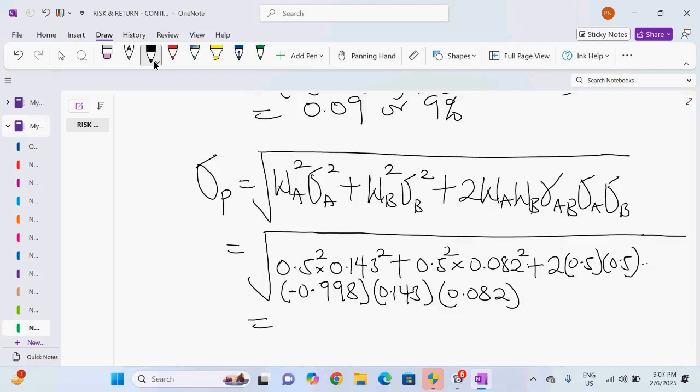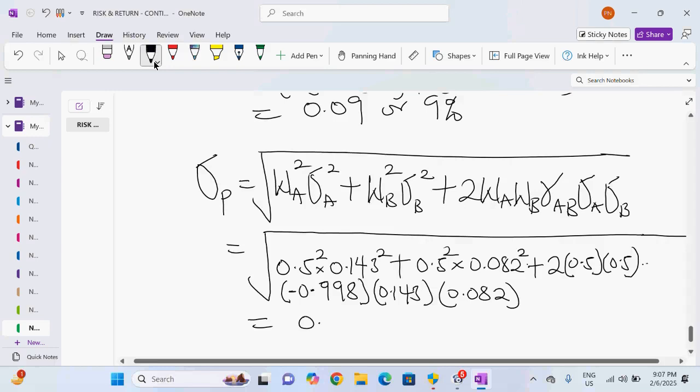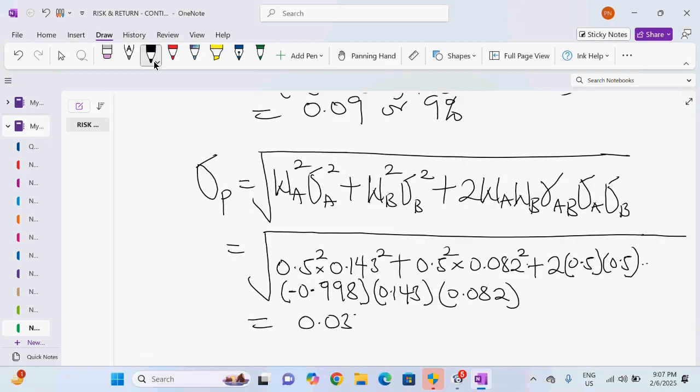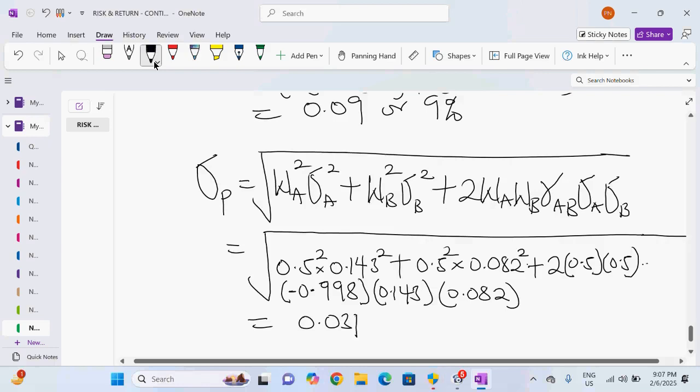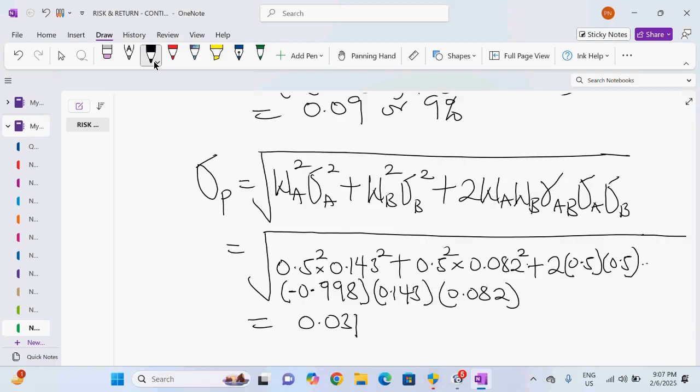Very, very simple. 0.031. Is it confirmed? Yes, it's like that.